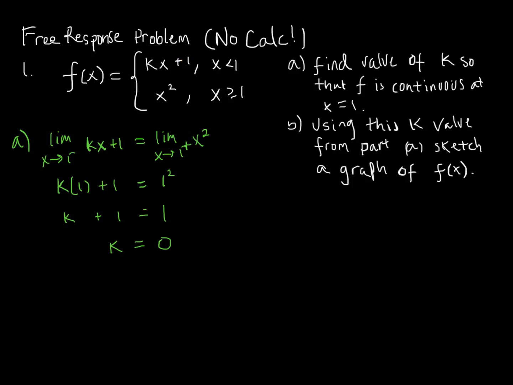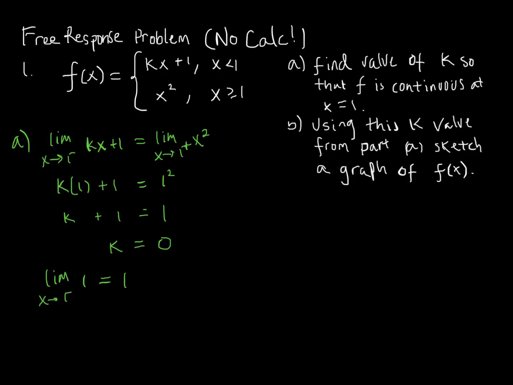And so then the question is, will the limit as x approaches 1 from the left of 1 be equal to the limit as x approaches 1 from the right of x squared? Well, let's test that out. Limit as x approaches 1 from the left of 1. Well, the constant function 1 is always going to have a limit of 1 as x approaches 1.